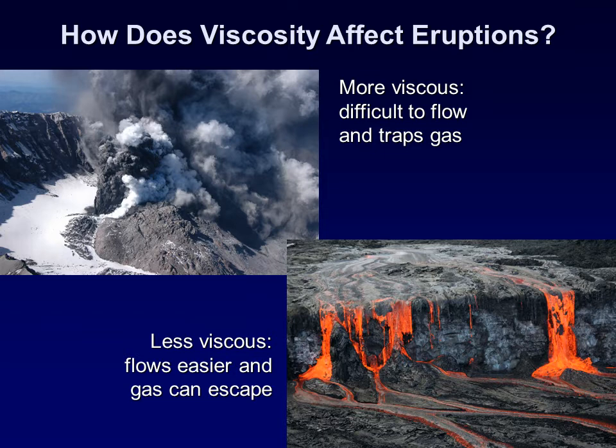There's pasta sauce spatters all over the place, right? That's because it's in a more viscous fluid. Whereas when I'm boiling the water for my pasta, the bubbles just move out, no problem. There's not a lot of spattering because it is less viscous. The water is less viscous than the pasta sauce, so it's easy for the gas to just release as the boiling bubbles. Okay, that's my real life example.